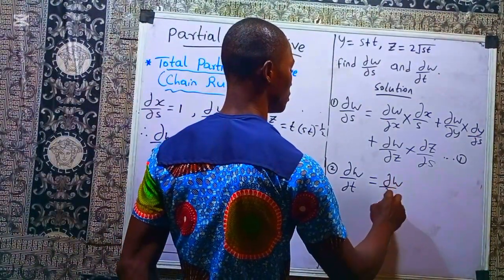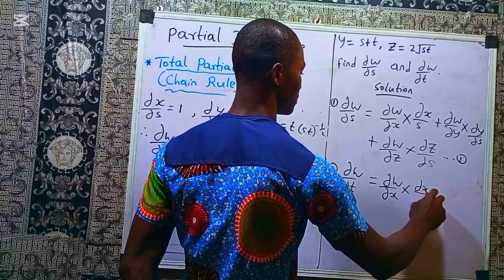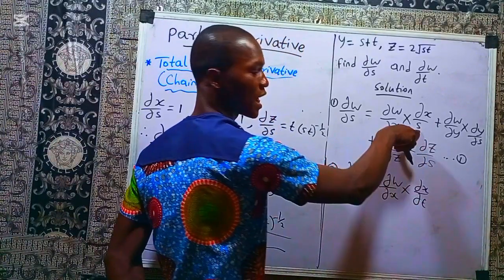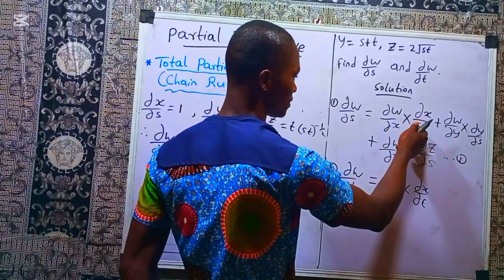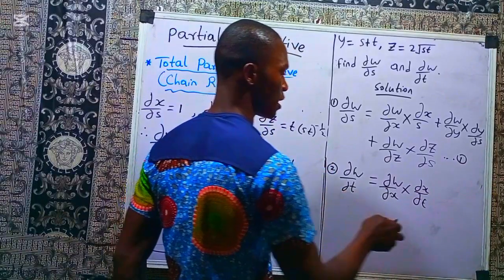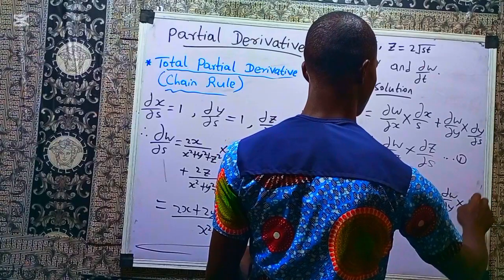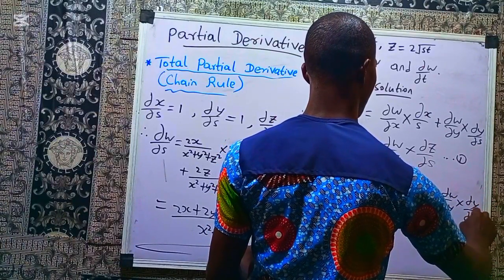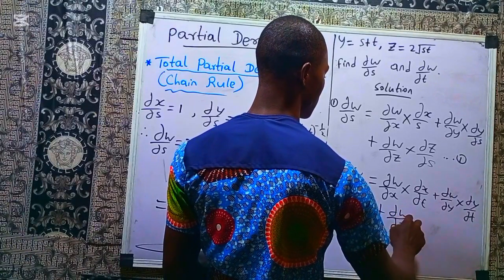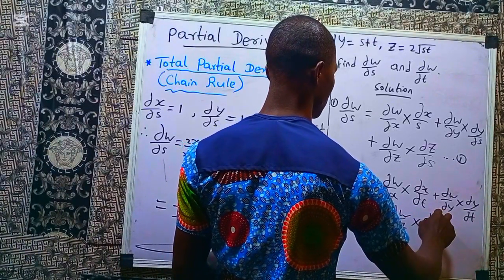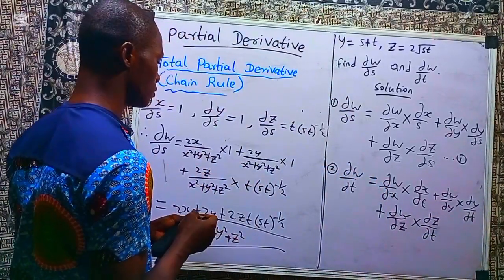Partial w partial x times partial x partial t, instead of s now it is t, because I want to differentiate with respect to t, plus partial w partial y times partial y partial t, plus partial w partial z times partial z partial t. So this is what you will now have.